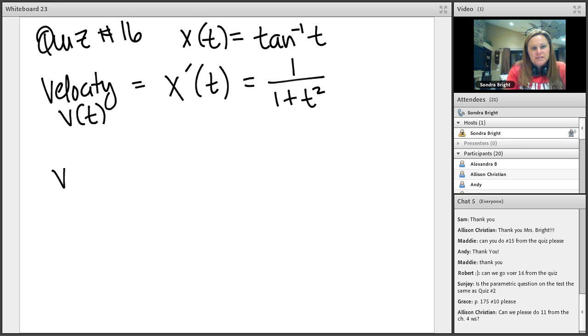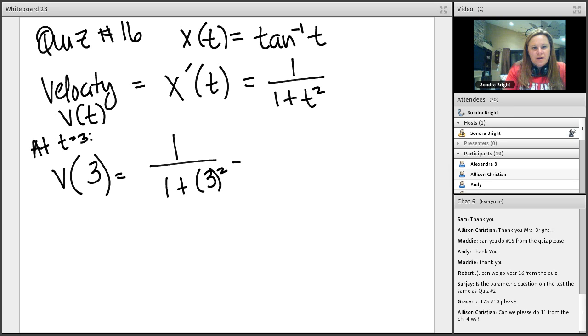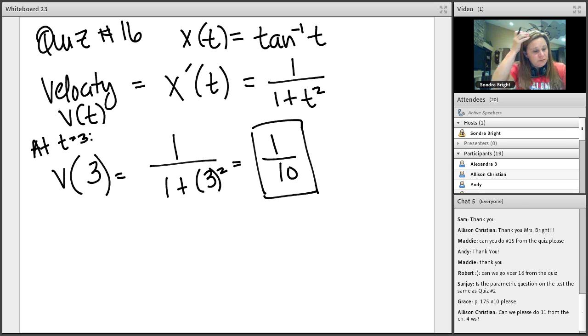And so your velocity at t equals 3, you're going to just plug a 3 into t. 1 over 1 plus 3 squared, which is 1 over 10. I didn't give any units, so whatever. It's probably like meters per second or something like that, but that's totally fine.